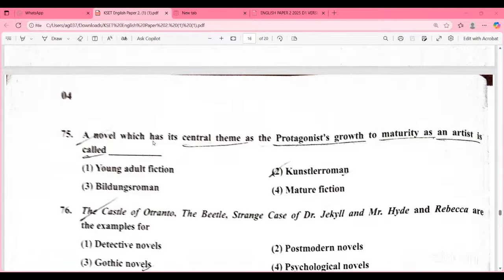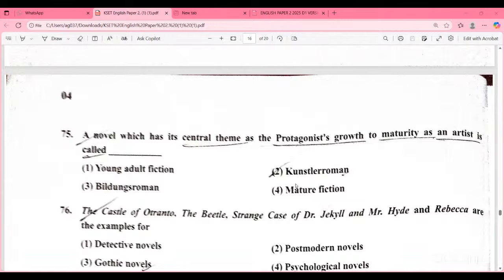A novel which has its central theme as the protagonist's growth to maturity as an artist is called Künstlerroman.